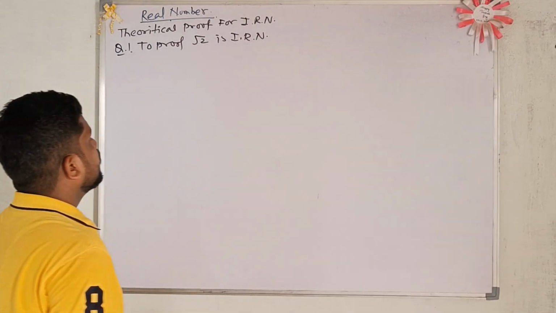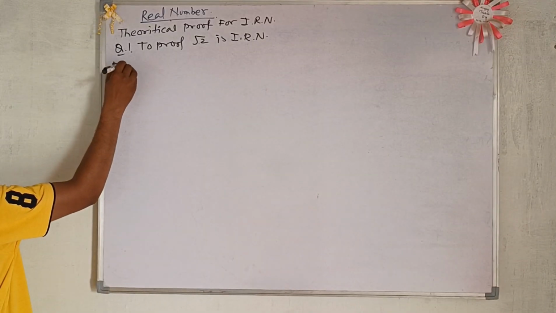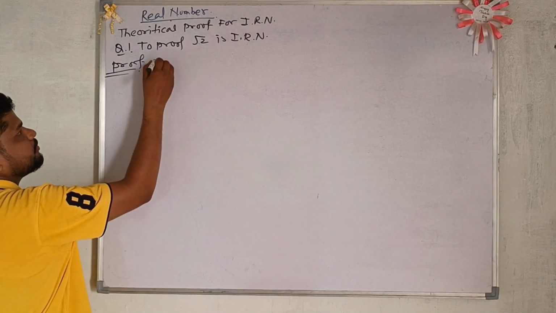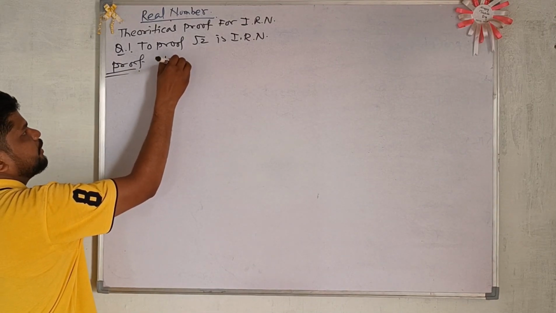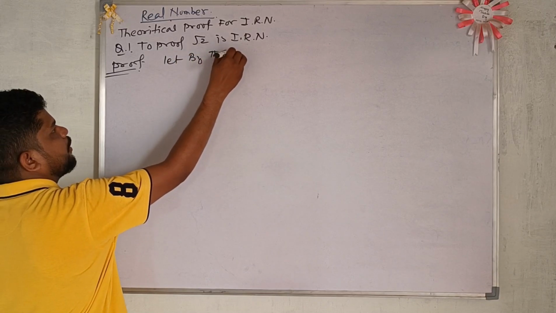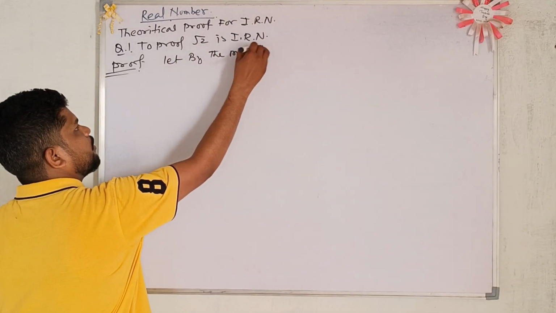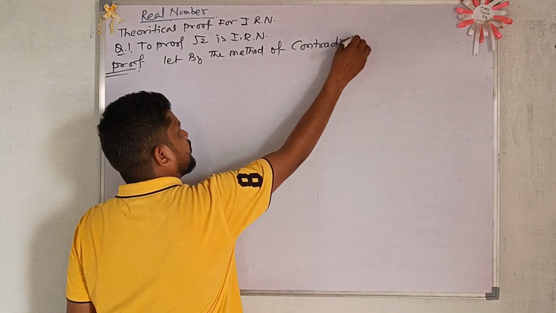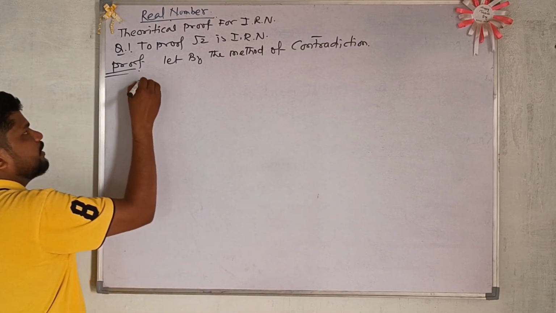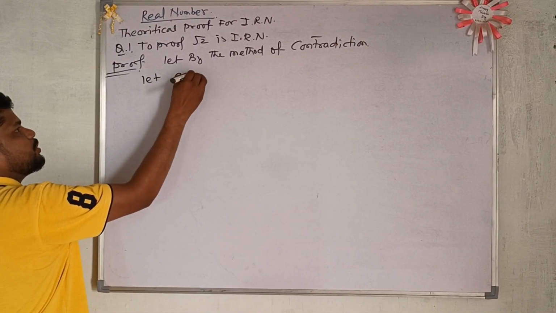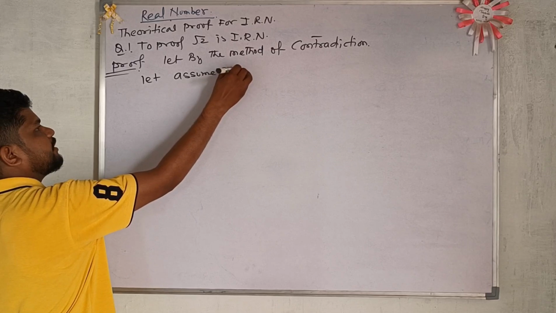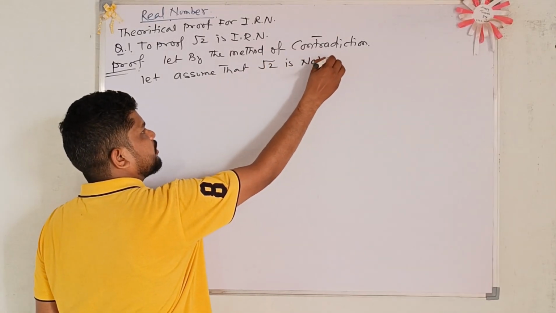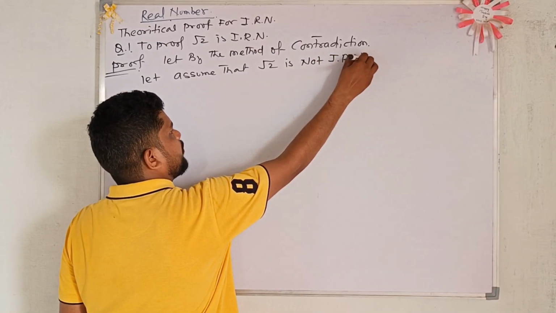One by one we are seeing each step. Suppose, by the method of contradiction, let us assume that root 2 is not an irrational number.